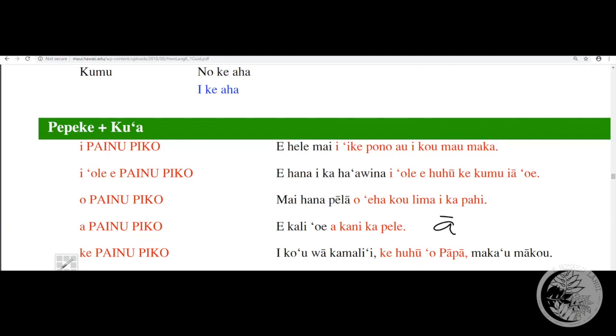Yeah. Mai kamokopuni o Kauai, hiki I kamokopuni o Hawaii. Yeah. E kali oi, kanikapele. So when you elongate the sound of that, yeah, it has a sense of distance.